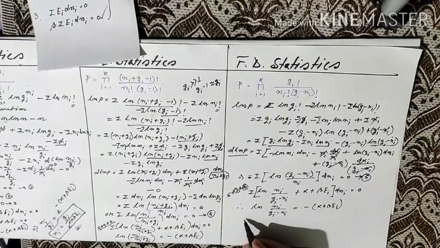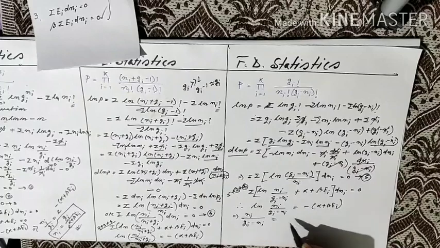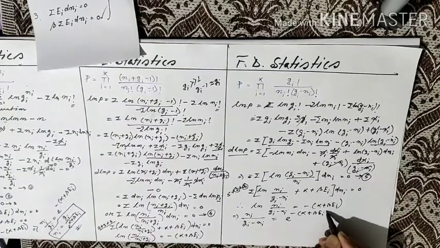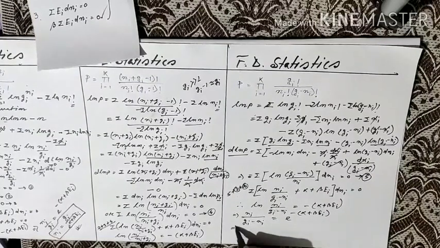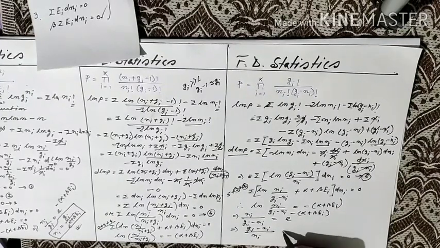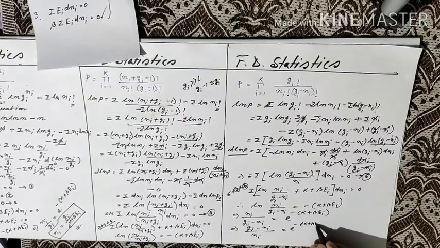So ni by gi minus ni is equal to e to the power minus alpha plus beta ei. Now reverse this thing, gi minus ni by ni is equal to e to the power minus alpha plus beta ei.